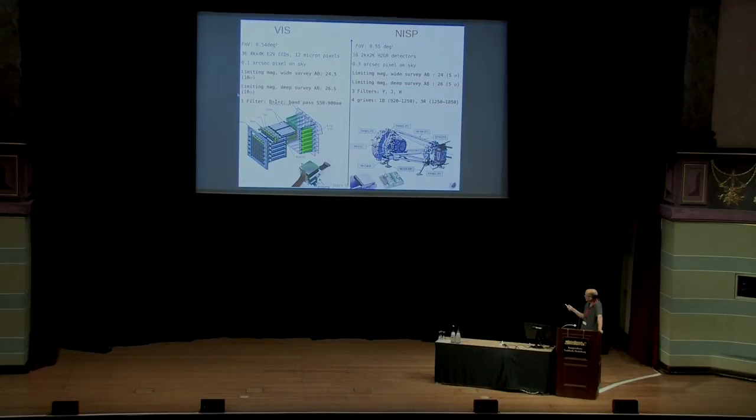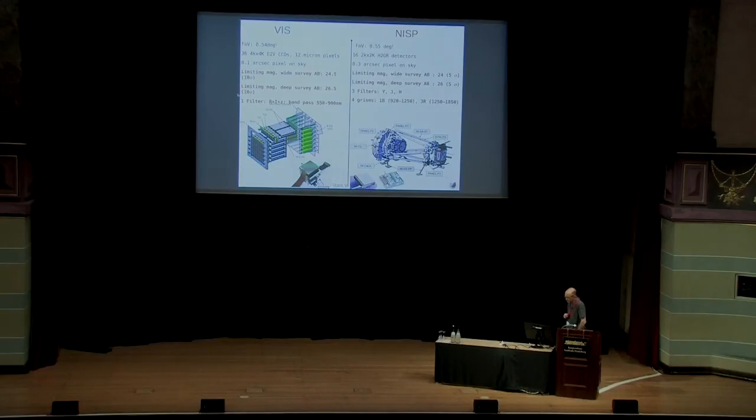The limiting magnitude on the wide survey is AB 24.5 at 10 sigma, and the limiting magnitude of the deep survey is 2 magnitudes fainter, 26.5 at 10 sigma. As I mentioned, there is only one filter covering more or less the R, I, and Z bands, so basically from 550 to 900 nanometers.